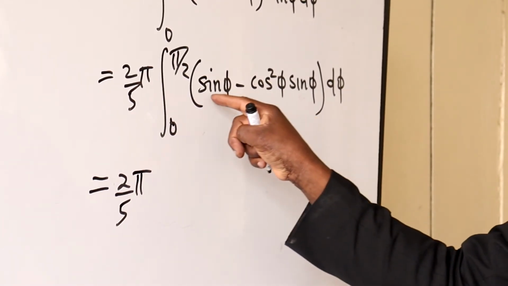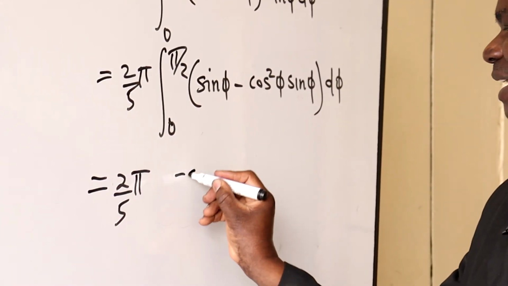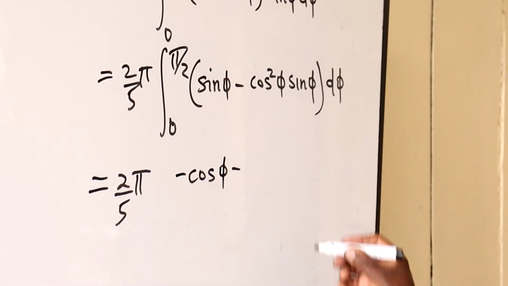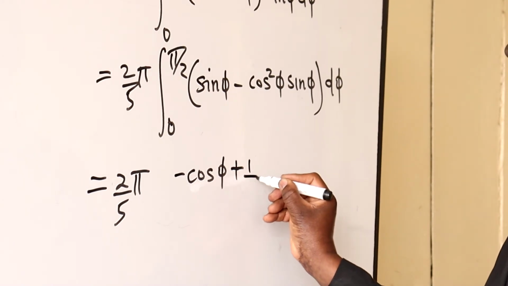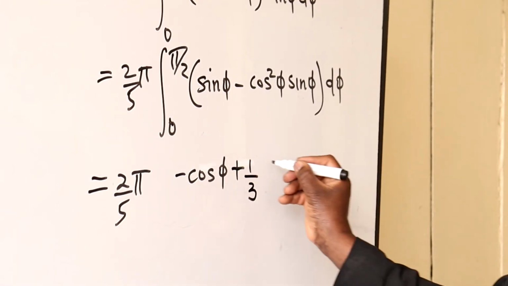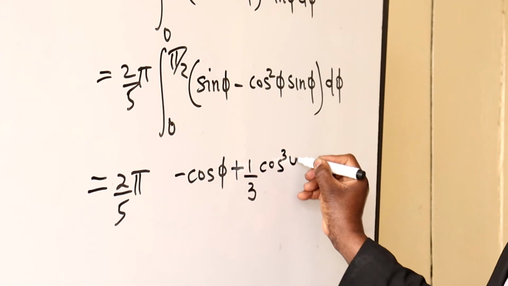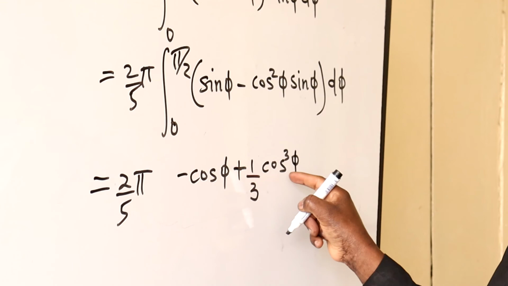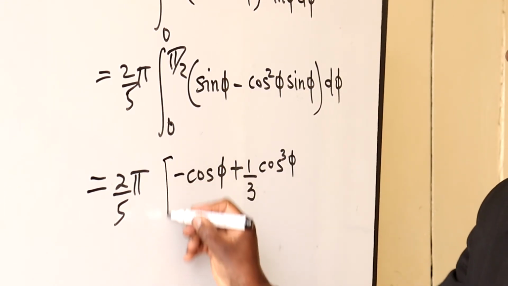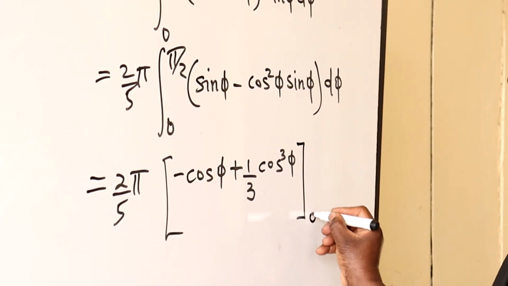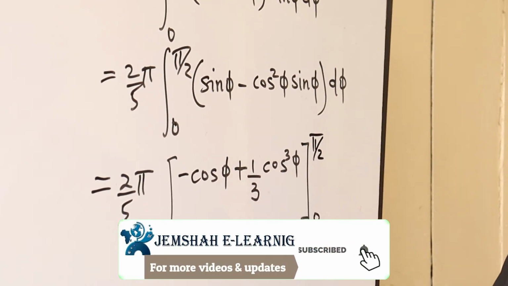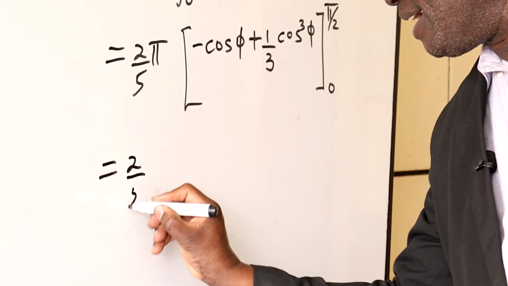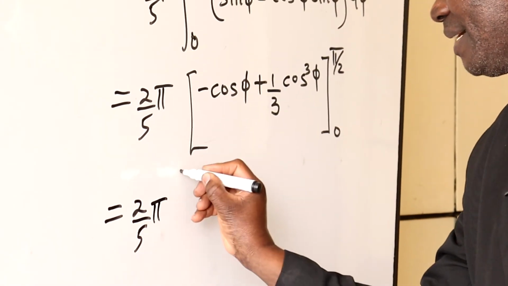The integral of sine phi is minus cos phi. The integral of cos squared phi sine phi will be plus a third cos cubed phi. And then we put limits from 0 to pi over 2, which will be equal to 2 all over 5 pi into.